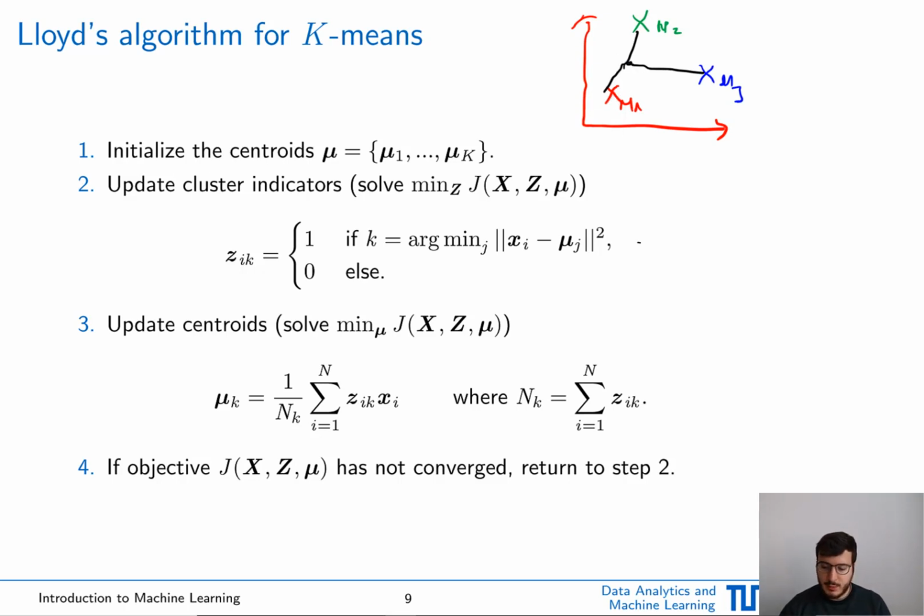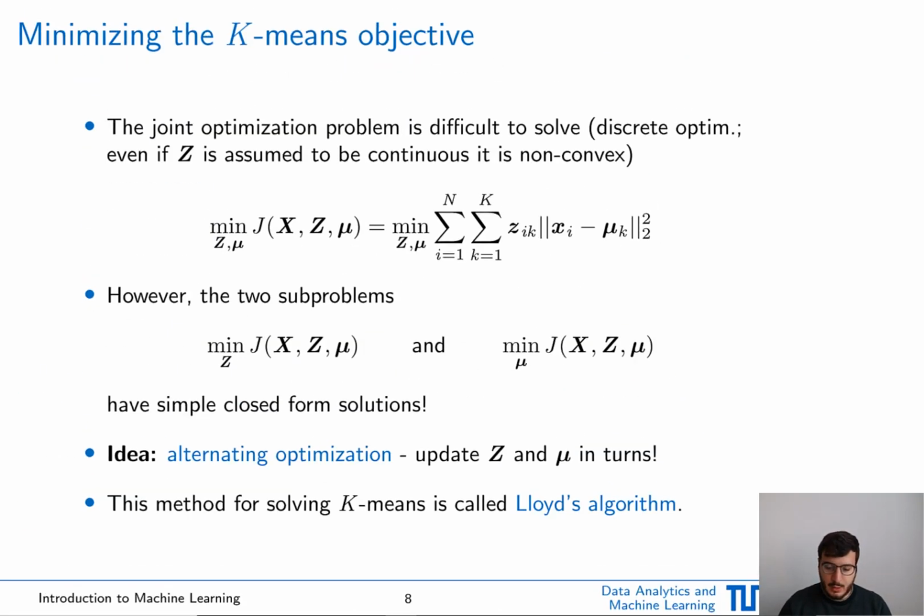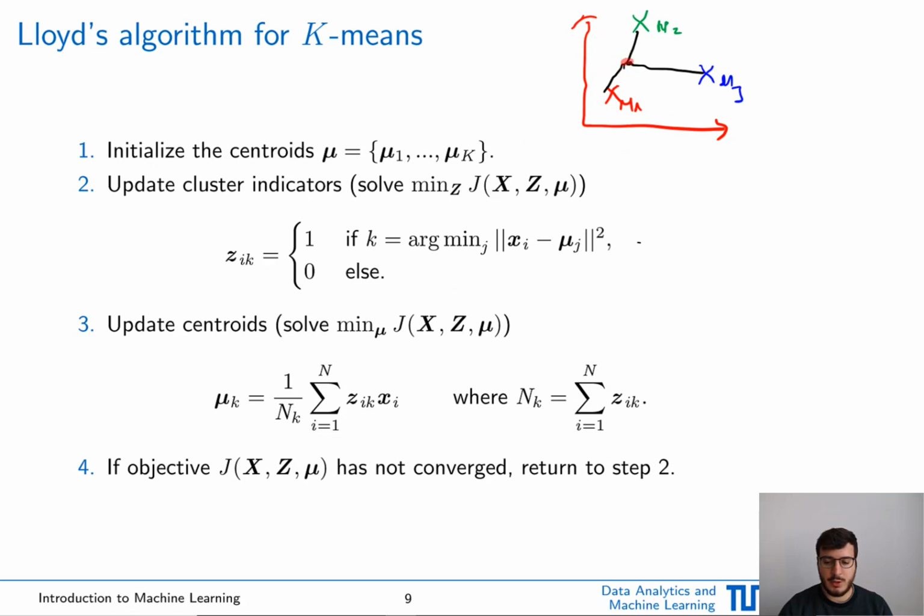Because if we go back to the objective function, the objective function looks at the distance from the data point to the centroid of the cluster to which it is assigned. And in order to minimize the distance for that data point, you just pick which centroid is the closest. And you do this for all of the data points. So for all of the data points, you calculate the distance to the centroid and you pick the smallest one. And that's already the solution of the first sub-problem.